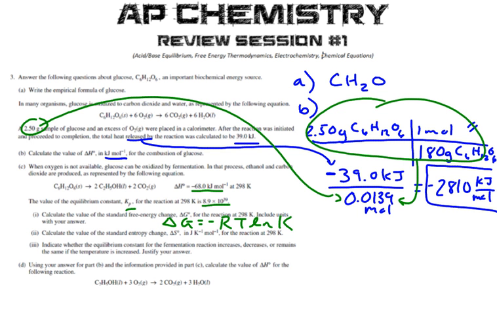It is not about memorizing. It is about simply applying. I have everything I need right now. Okay? This is energy. So R has to be 8.314. It's at 298.